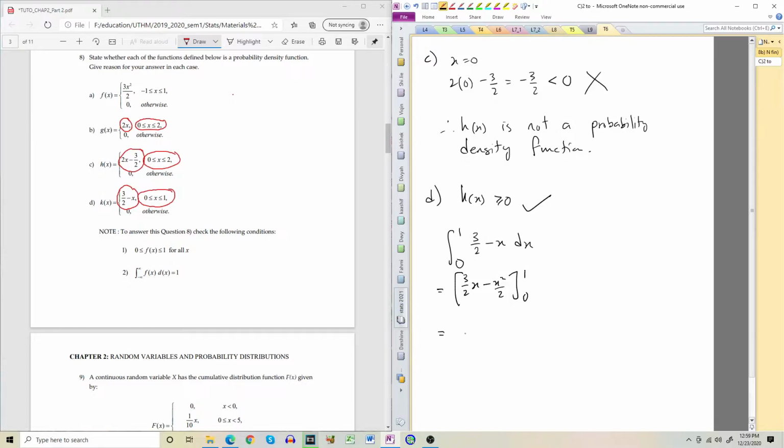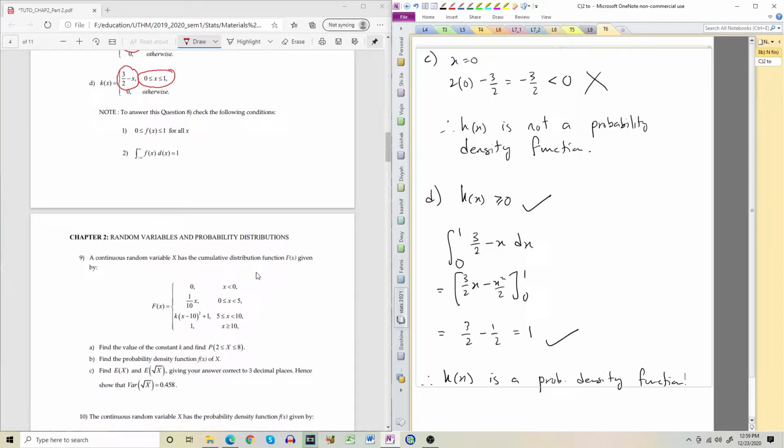Then if you integrate, you will get 3 over 2 minus 1 over 2 equal to 1. So this is equal to 1. This is also fulfilled. Therefore, k(x) is a probability density function.